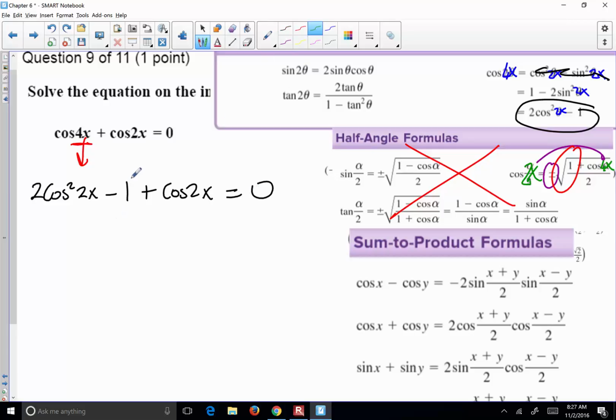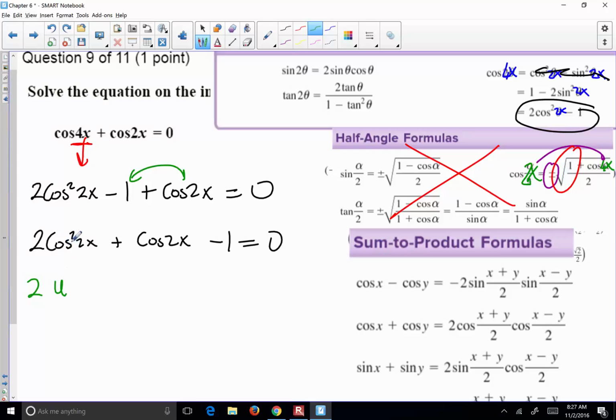First off, can I flip these two locations, minus 1 to the end, cosine to the bottom? Because I like the constants on the last part for a reason. Now imagine cosine 2x as u. Cosine 2x's are all gone, u replaces them.